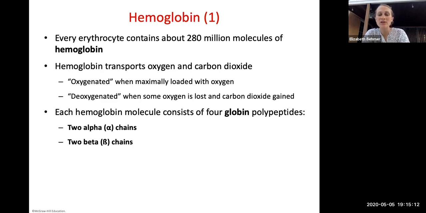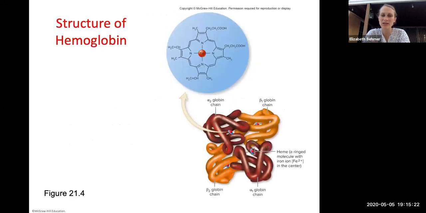Each hemoglobin molecule consists of 4 what we call globin polypeptides, alpha and beta chains. Those 4 globin polypeptides, you don't have to know what they look like, but because each hemoglobin has 4 chains, each chain can hold 1 oxygen molecule.